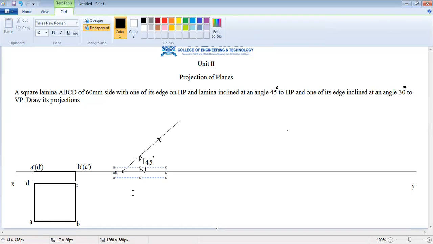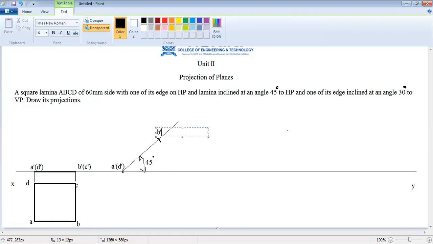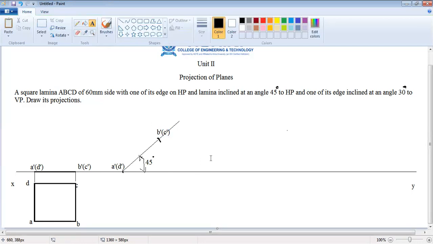That is A dash, B dash. The other points are B dash and C dash, crossing that line.